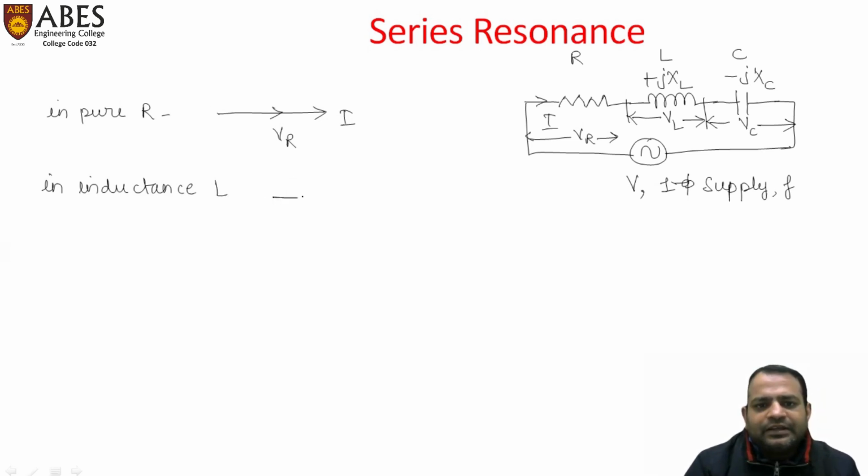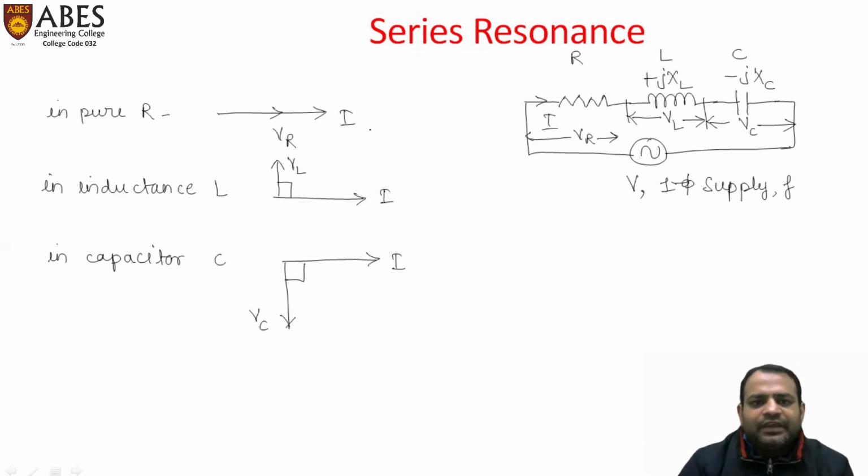If we are taking current as reference, our VL is 90-degree leading. So in inductor, voltage is leading with the current by an angle 90-degree. In capacitor, if our current is reference, then voltage across capacitor VC is 90-degree behind with this current.